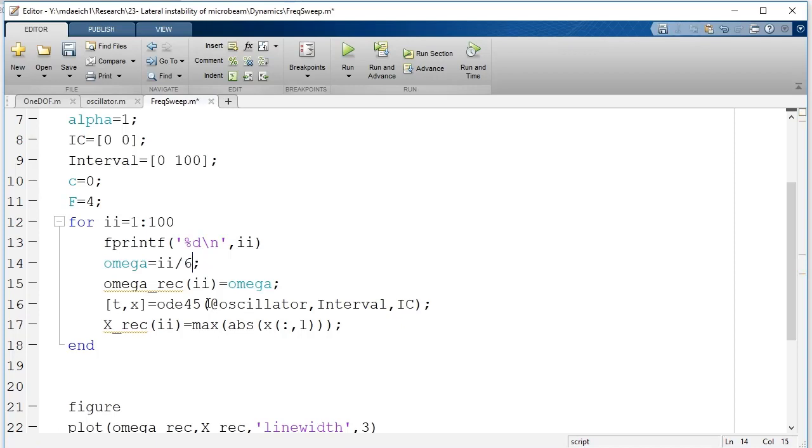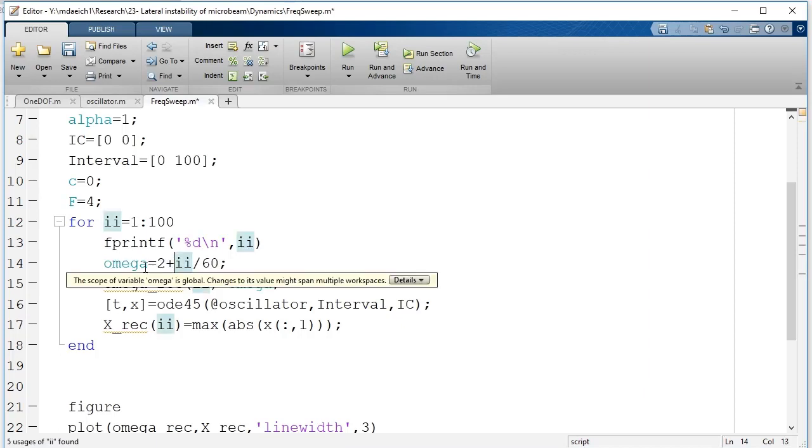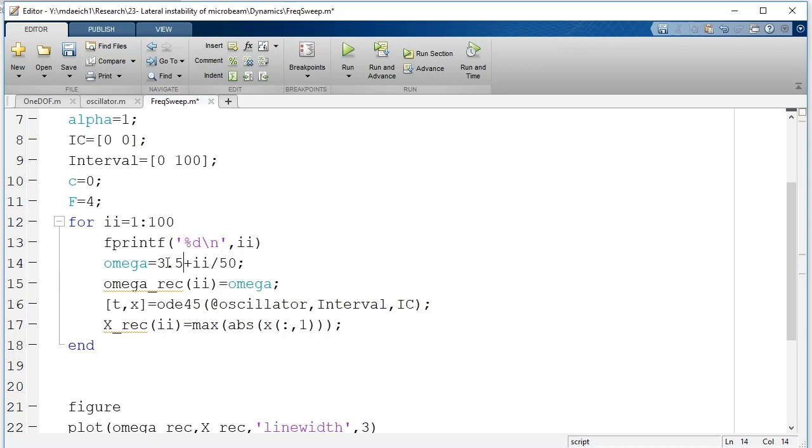Let's sweep omega from 3.5 to 6. So let's solve this.